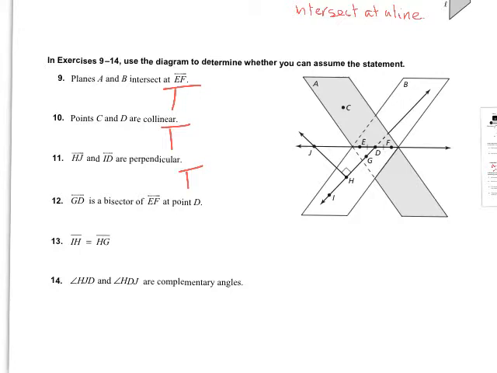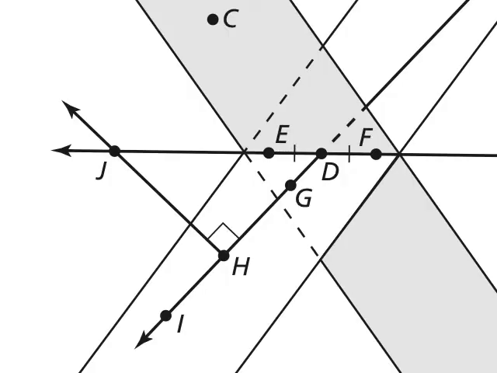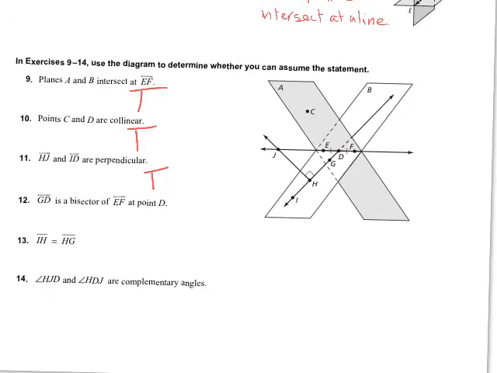Number 12, line GD is a bisector of line EF at point D. You say true? Why do you say true? Okay, it does have the congruency markers, but pay attention. If you look a little closer, the congruency markers right here are for segment EF. If it said it was a bisector of segment EF, yes, that would be true. But it says it's a bisector of line EF, right?